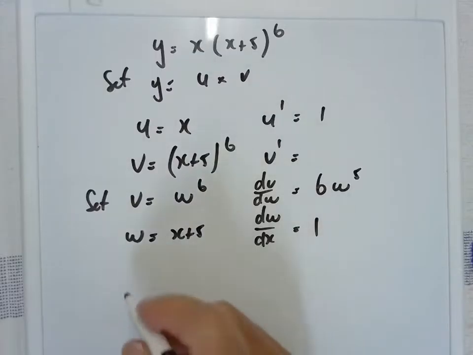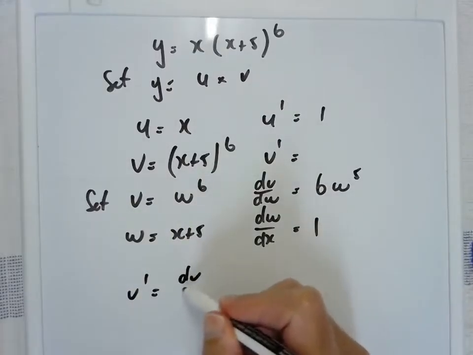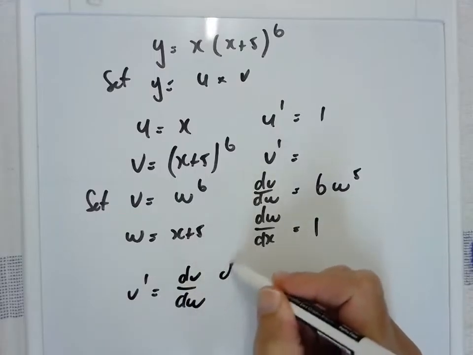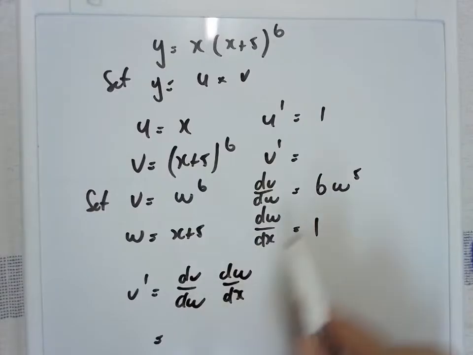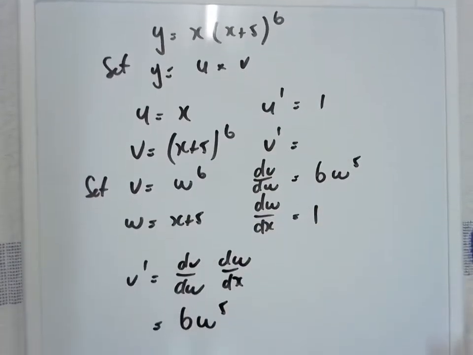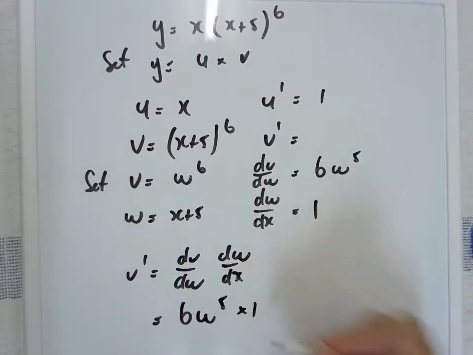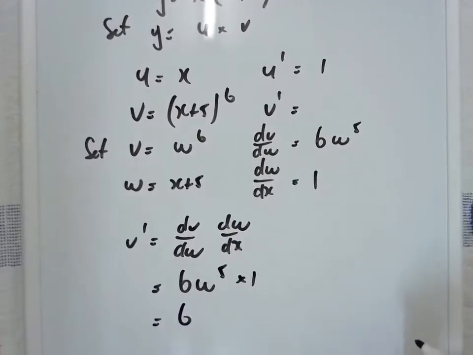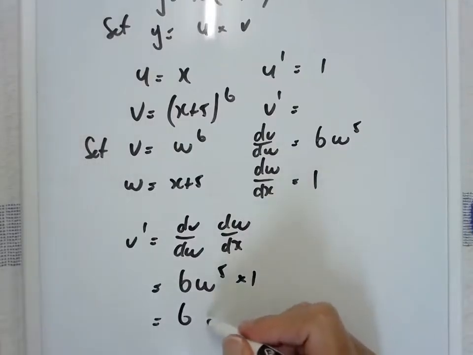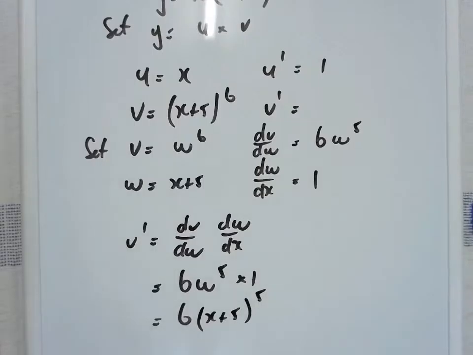So in the chain rule, I'm going to now go v dash is dv/dw times dw/dx. dv/dw is 6w to the 5th, dw/dx is times 1, which is 6w to the 5th. w is x plus 5, so it's 6 times (x plus 5) to the 5th.